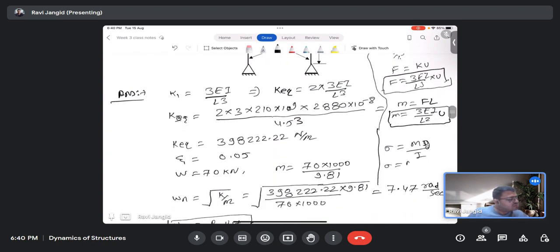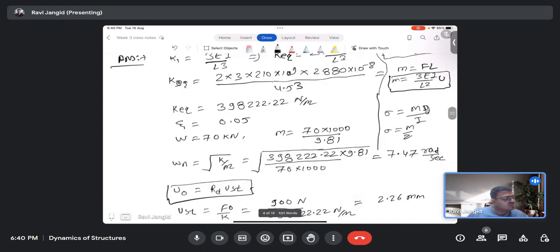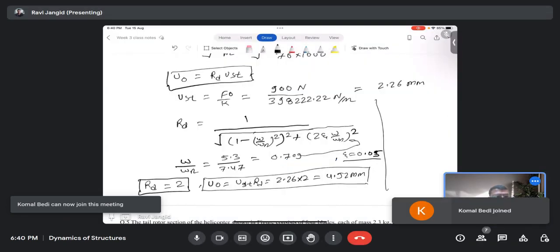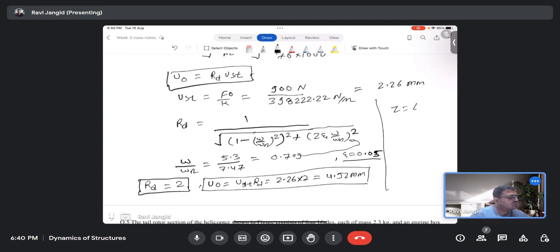That will become M by Z, and Z is given to you as 67 centimeter cube. So find the M, 3EI by L square into U.